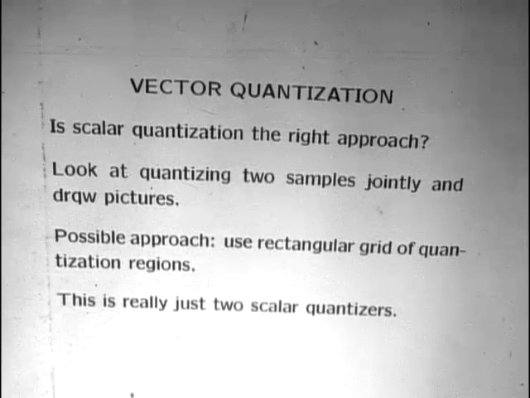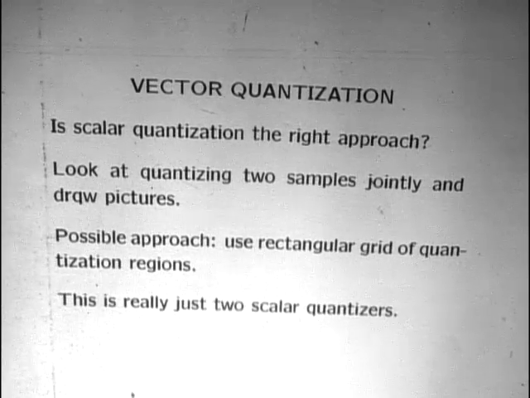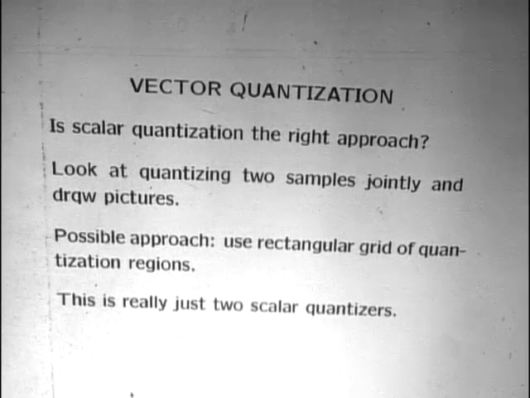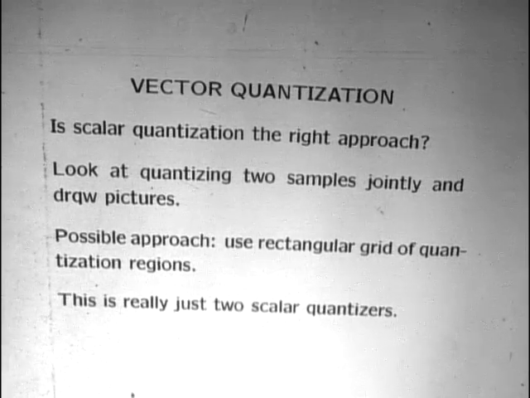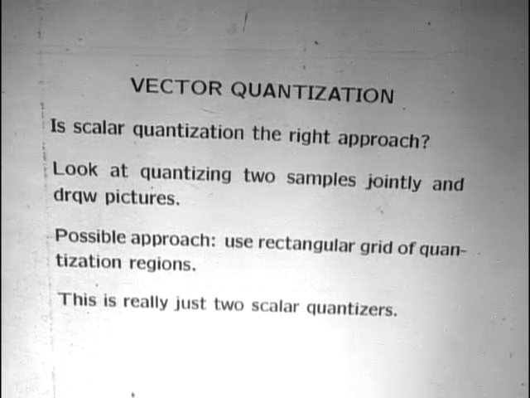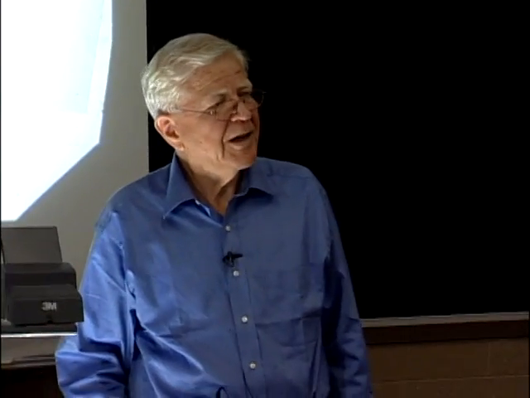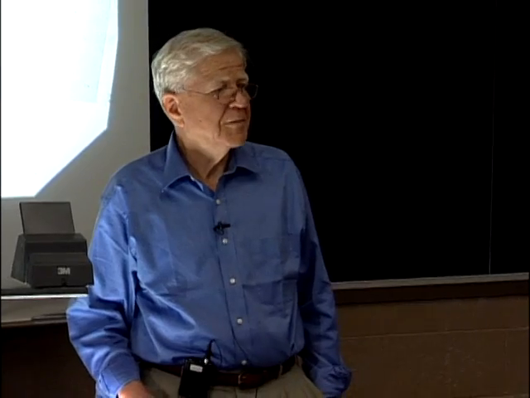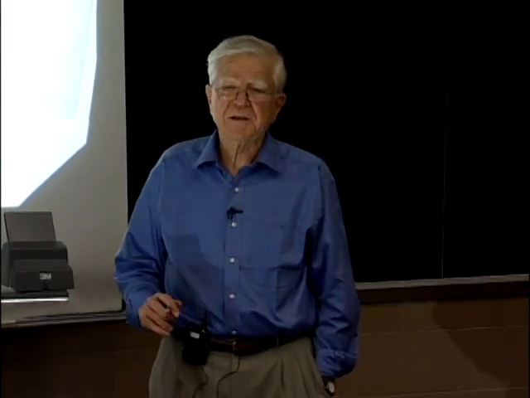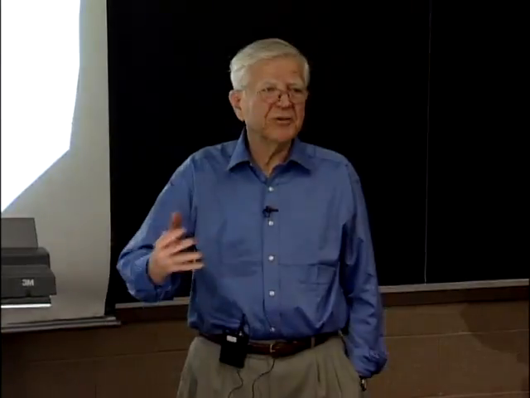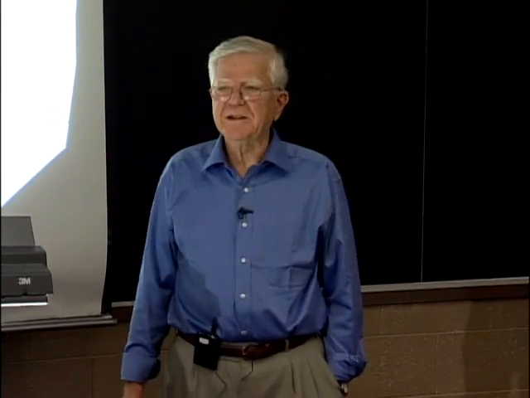Incidentally, what's the simplest way of quantizing that you can think of? And what the people who do simple things call quantizers? Ever hear of an analog to digital converter? That's what a quantizer is. And an analog to digital converter, the way that everybody does it, is scalar.